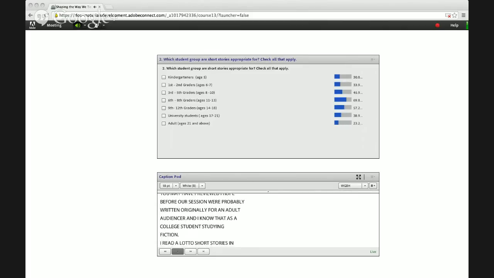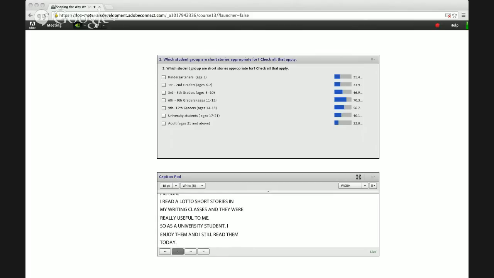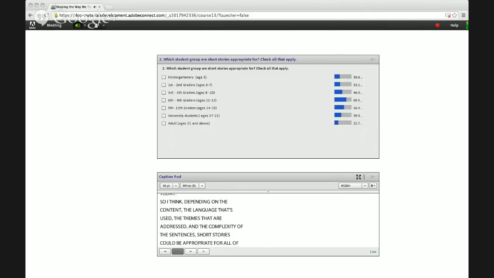So as a university student, I enjoyed them, and I still read them today. So I think depending on the content, the language that's used, the themes that are addressed, and the complexity of the sentences, short stories could be appropriate for all of these audiences. So let's move to the next poll then.